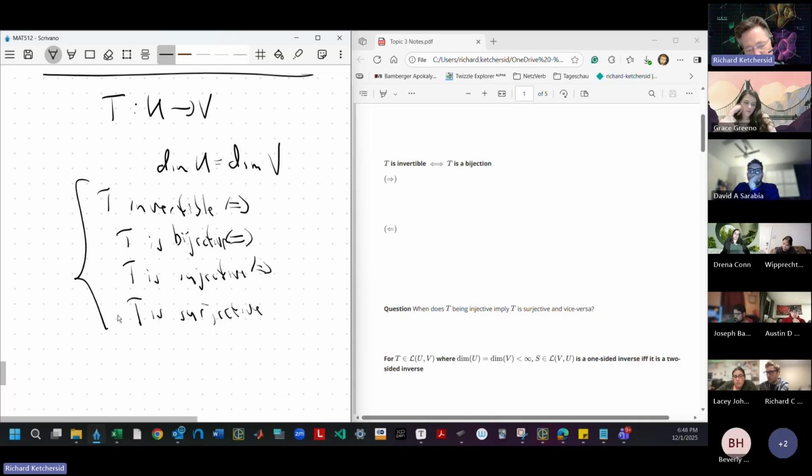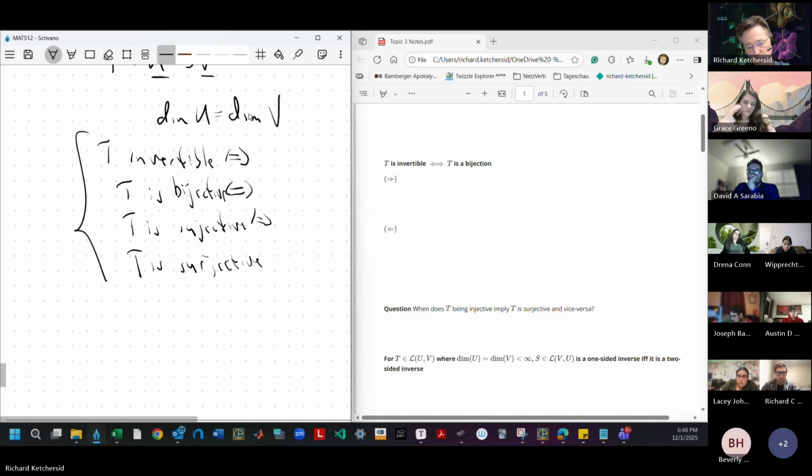So all these things are equivalent to each other for finite dimensional vector spaces with the same dimension, and you have to be careful, that's an assumption there. This doesn't hold for infinite dimensional vector spaces, and the book gives a nice example of why that fails.